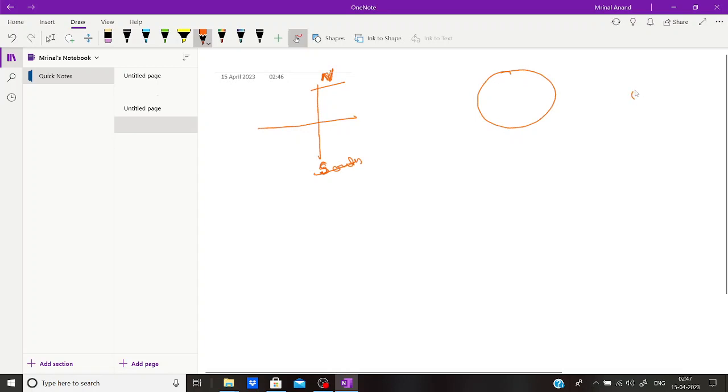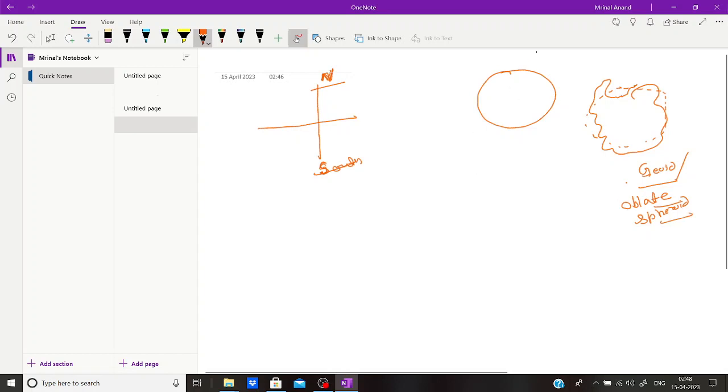As we know, our earth is like this only. You have to connect all the datum points, and if you connect all these datum points, you will get the shape of the geoid, or in other words we can say the oblate spheroid.